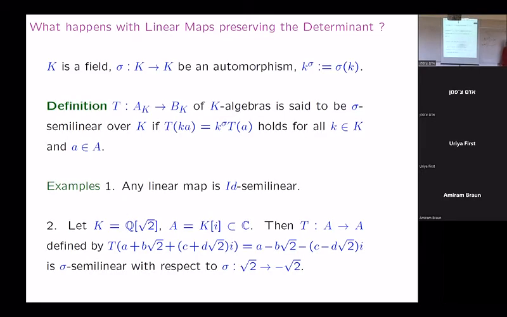Well, in that context, over non-commutative structures, it is of course natural to ask in the generality of semi-linear maps. So you allow your map to act on this product in the following way, where sigma is a certain automorphism.